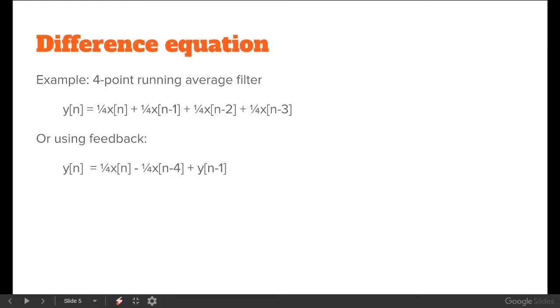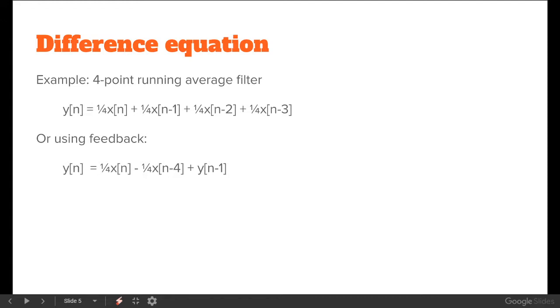However, you can also calculate the same thing using feedback. When you are taking the average, for the next average the oldest value will be dropped out and the new one will be coming in. So that's a recursive way of calculating this running average filter.